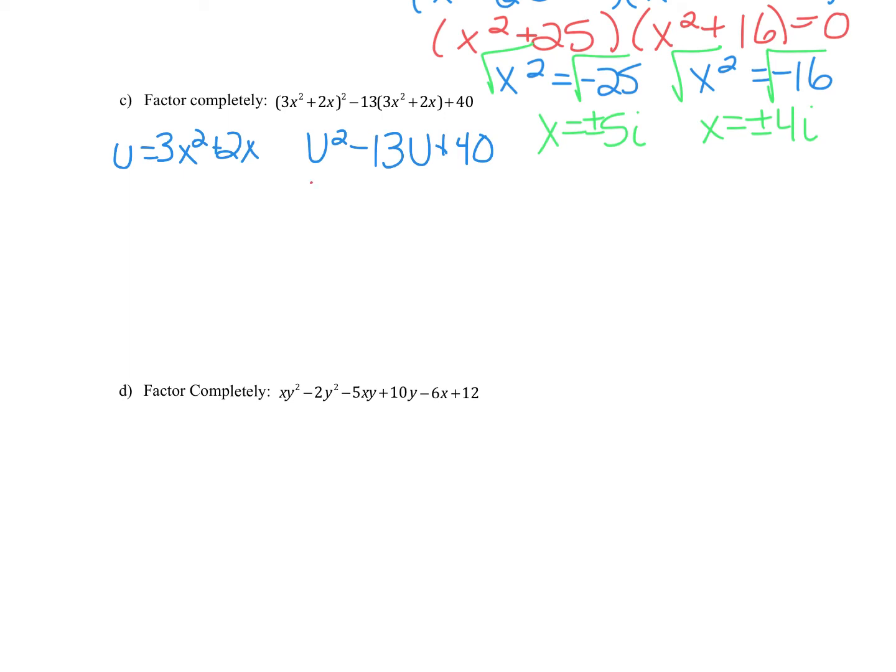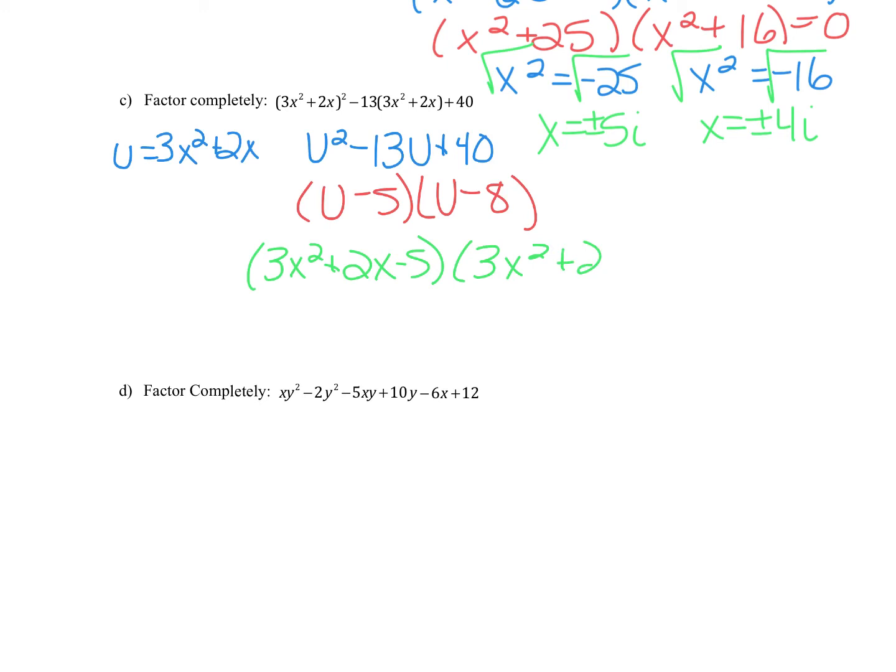Factors of 40 that add up to negative 13 would be negative 5 and negative 8. Bringing back in my value of u, I have 3x squared plus 2x minus 5 and 3x squared plus 2x minus 8. These are both a is greater than 1, so we're going to bring this together.